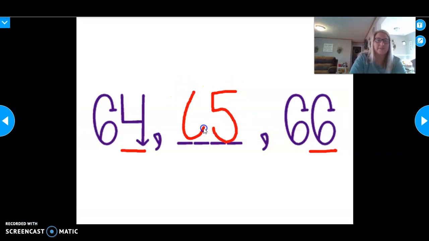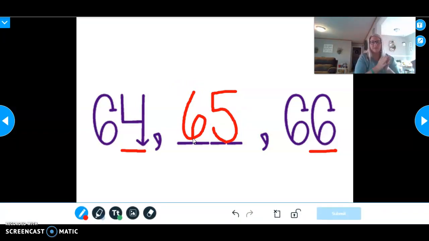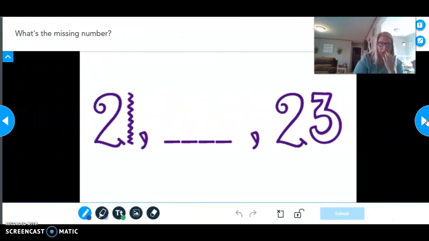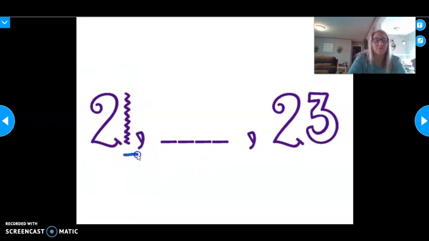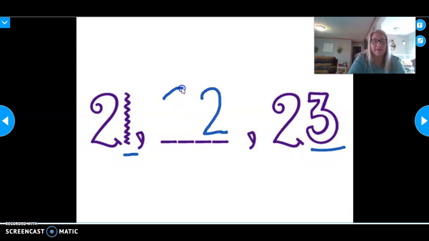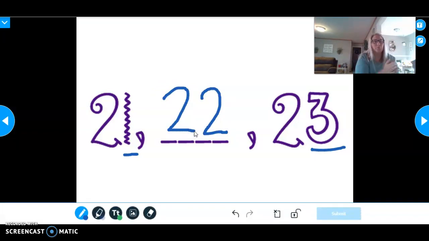And then we add the 6. So 64, 65, 66. Same thing. 21. We see there's a 1 and we see a 3. So 2 is missing, and then we add that 2 again. 21, 22, 23.